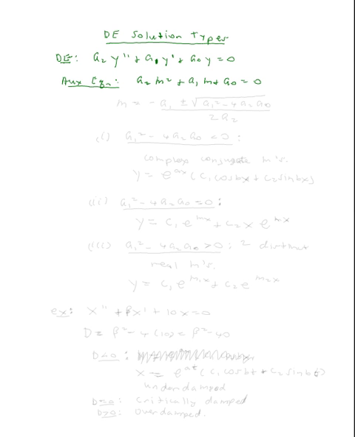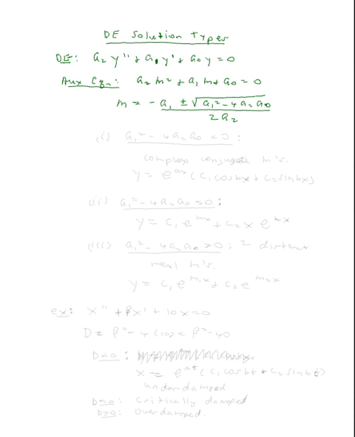If we were to use the quadratic formula to solve this auxiliary equation, we would get m is negative a1 plus or minus the square root of a1 squared minus 4 times a2 times a sub 0, all over 2 times a sub 2.